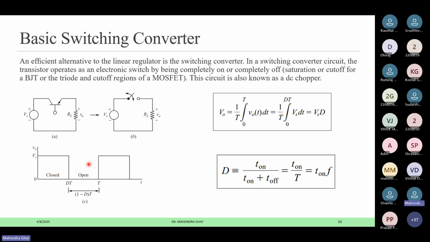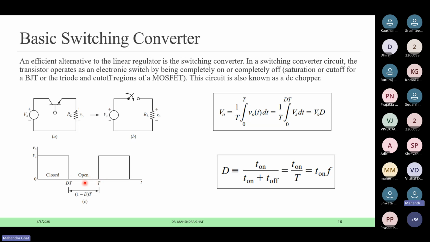So for DT time, I am switching on this switch, and for the remaining time, I am switching off this switch. So it is a closed switch for the DT time. D we will take as a constant which will vary between 0 to 1.